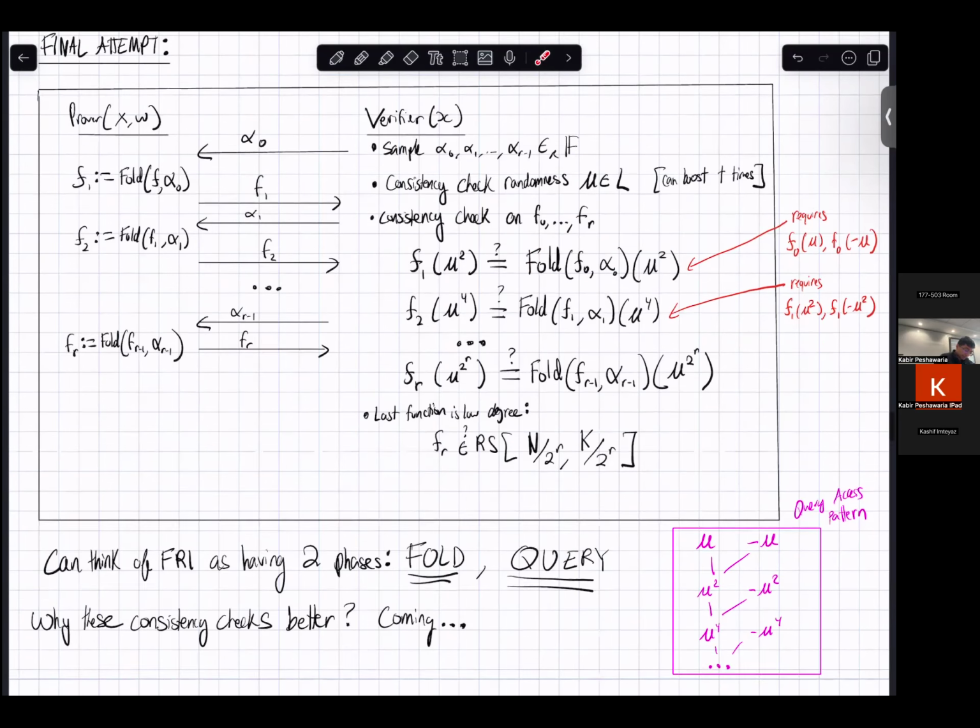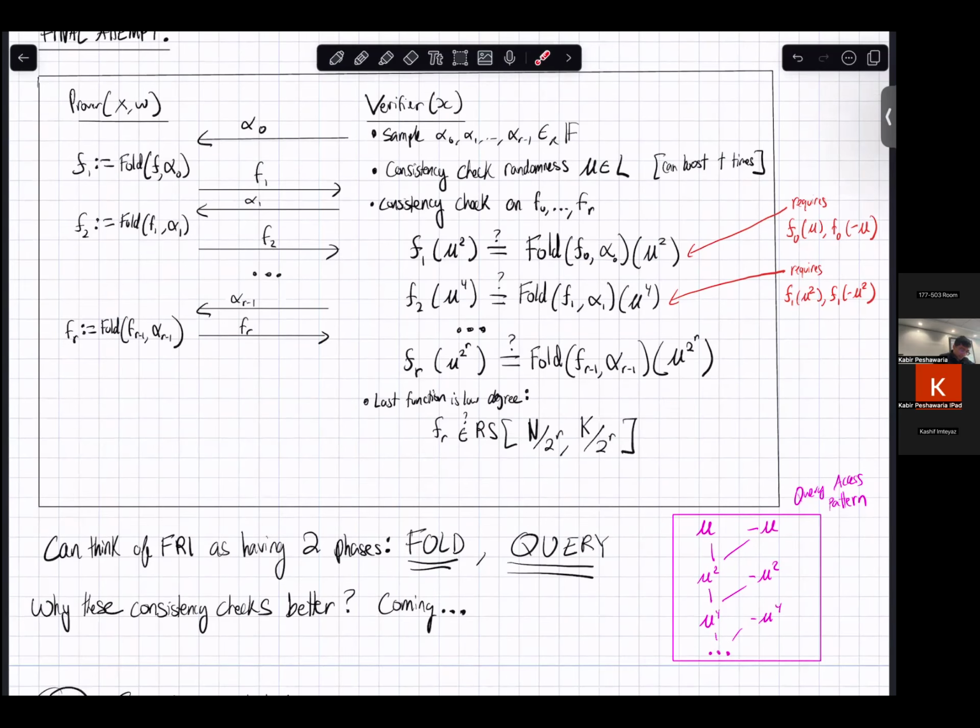So the query access pattern that's actually happening is I'm looking at these on F0, these on F1, these on F2, etc. These help me fold F0 to F1. These help me fold F1, etc.